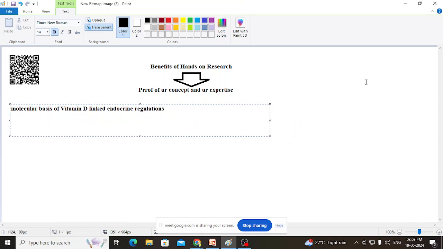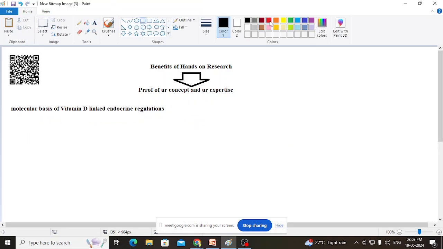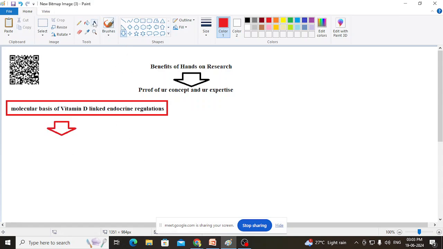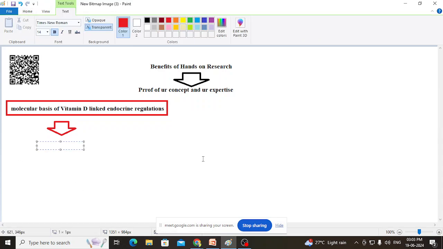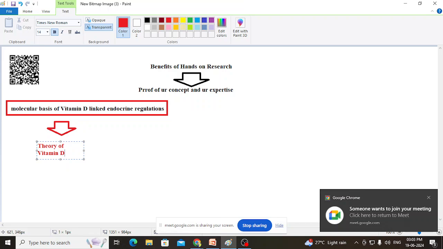So how will we start our journey? We can start it like this. So this is our topic of interest. One by one we will be doing things. Okay, first of all we will learn from theory of vitamin D3 and parathormone.